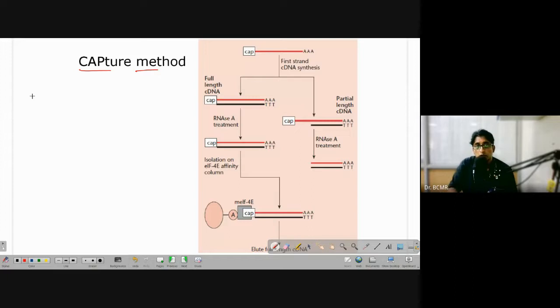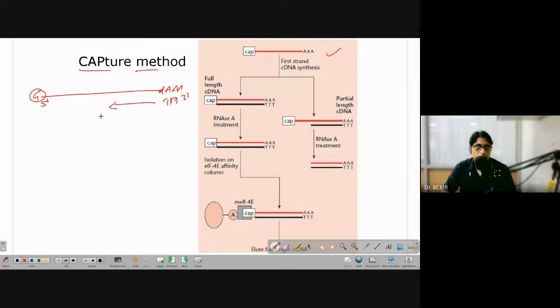It is based on the fact that eukaryotic mRNAs have the G cap. On the 5' side they have the G cap. On the 3' side, nothing. So for the first cDNA, here is the protocol. This is to solve the problem where reverse transcriptase may not be able to synthesize the whole length, especially if the mRNA is very long.